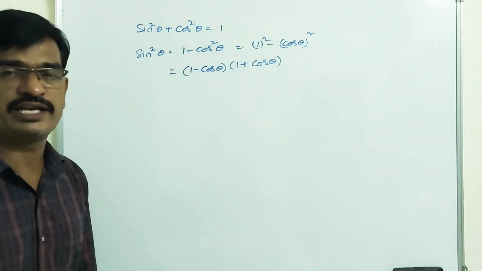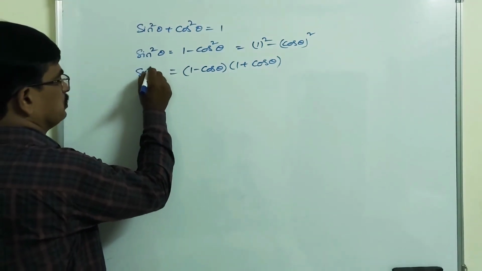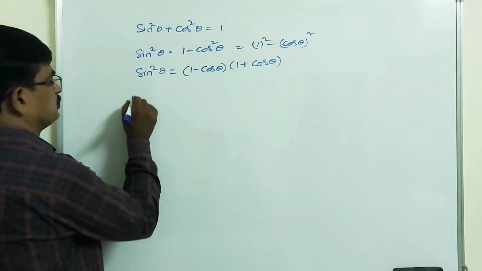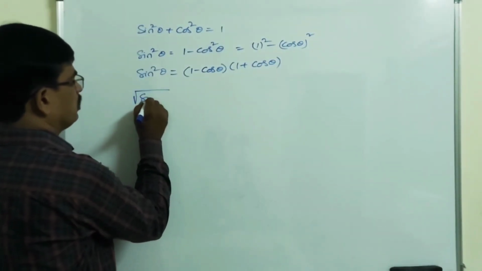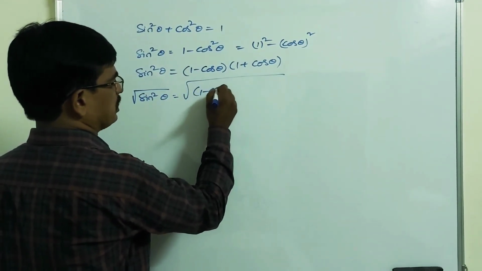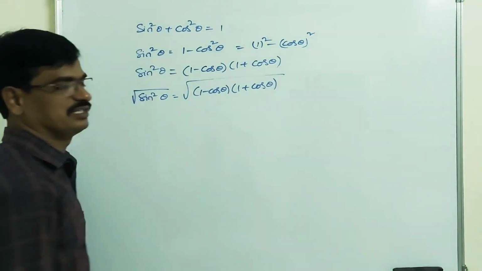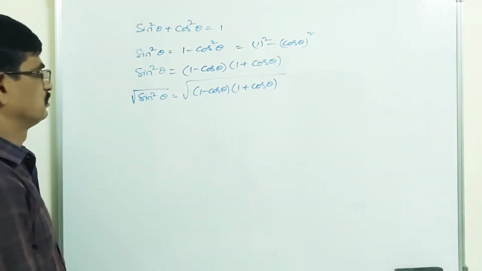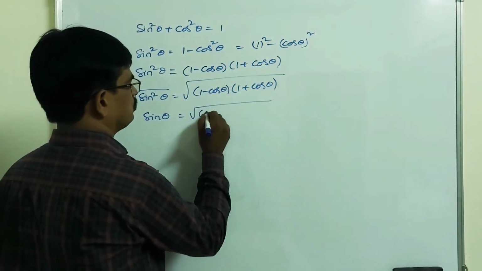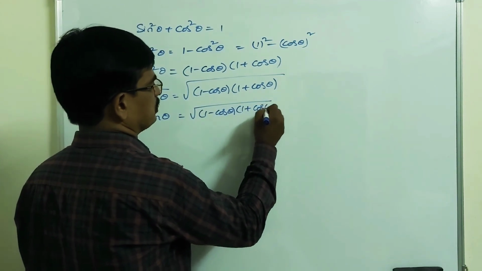If you apply square root on both sides, sin theta is equal to root of 1 minus cos theta into 1 plus cos theta.